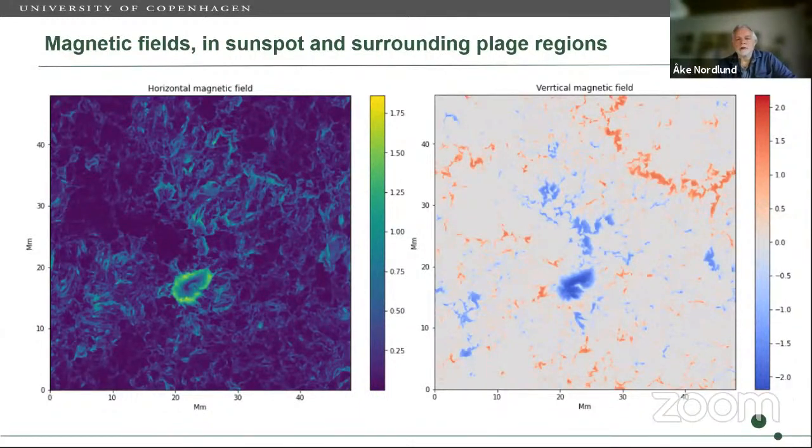And the vertical magnetic field is both negative and positive, and very intermittent. There are lots of small patches with about 2 kilogauss plus and minus. The sunspot dominates in one polarity, but there are lots of patches of the opposite sign as well. By construction, this has basically a zero average field.